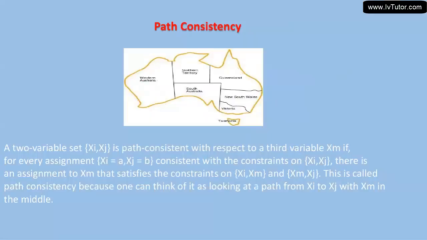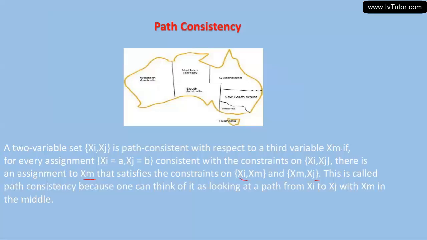Path consistency. We say that a two-variable set is path consistent with respect to a third variable if, for every assignment of xi and xj, there's an xm that satisfies the constraint.